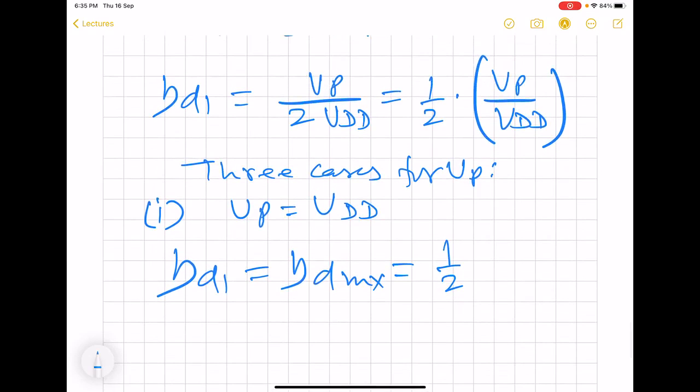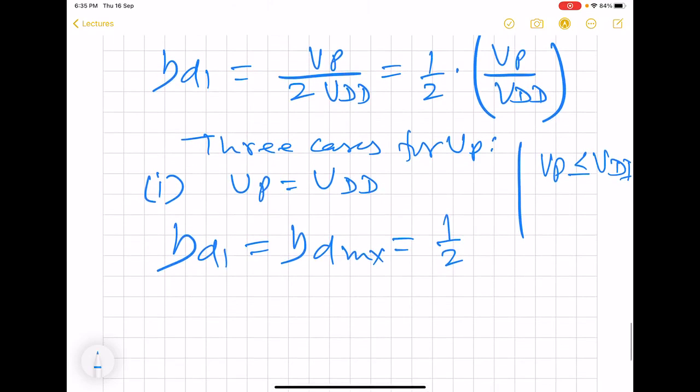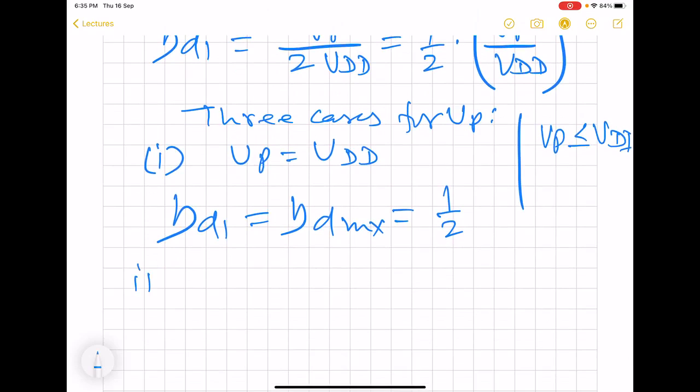I pointed out that VP could be greater than VDD, but there is a problem: that actually will not happen in real life. So what will happen is VP will always be less than or equal to VDD, and we will talk about why we have a scenario like this. So this is the ideal case.